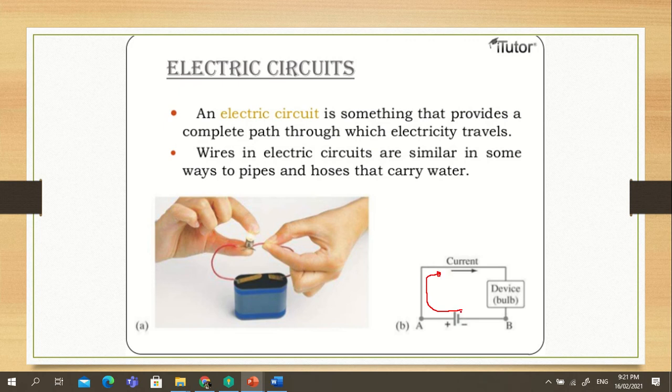It will completely flow in this circuit, and when the charge flows into this circuit, the device, which is the bulb, will light up.